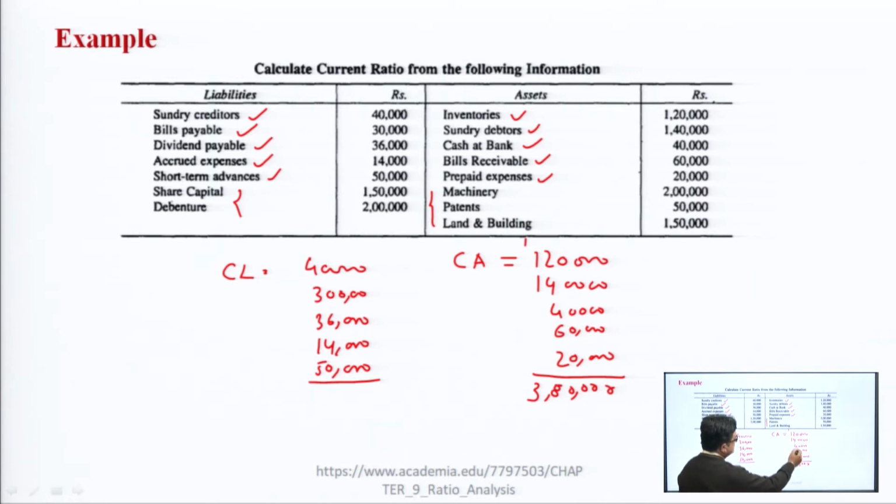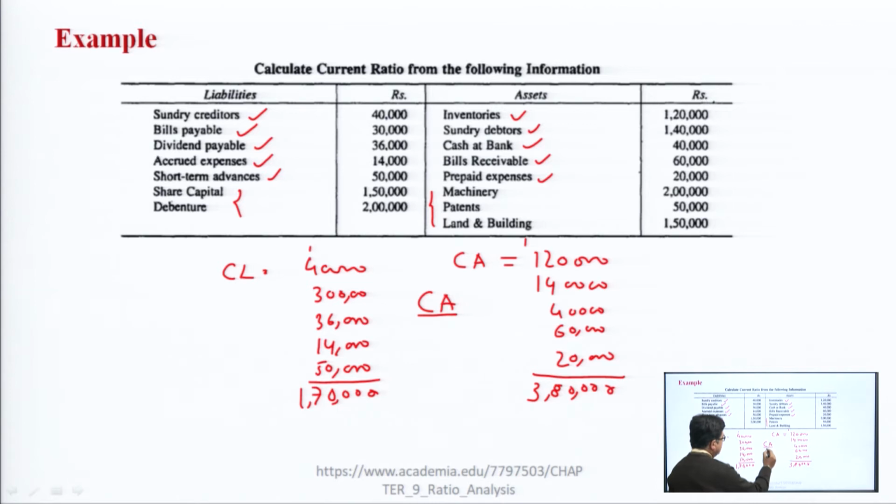Again calculate 1 lakh 20,000, 2 plus 6 is 8. Okay. Now calculate this one: 6 plus 4 is 10, 15, 8 is 11, 12 and 5 is 17. So, our current asset is 3 lakh 80,000 and current liability is 1 lakh 70,000.